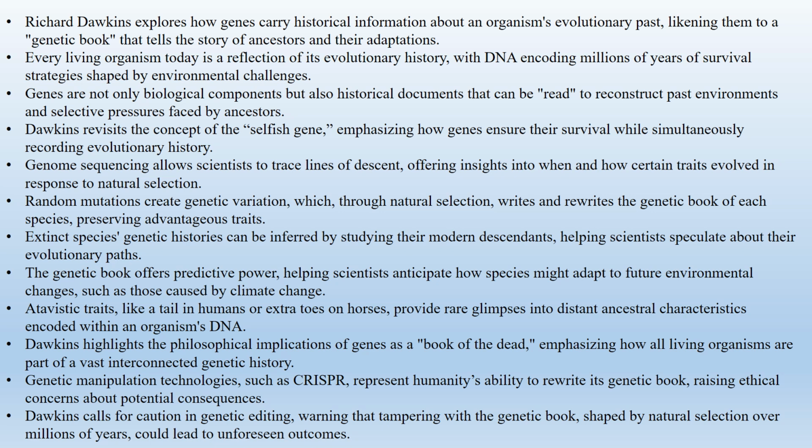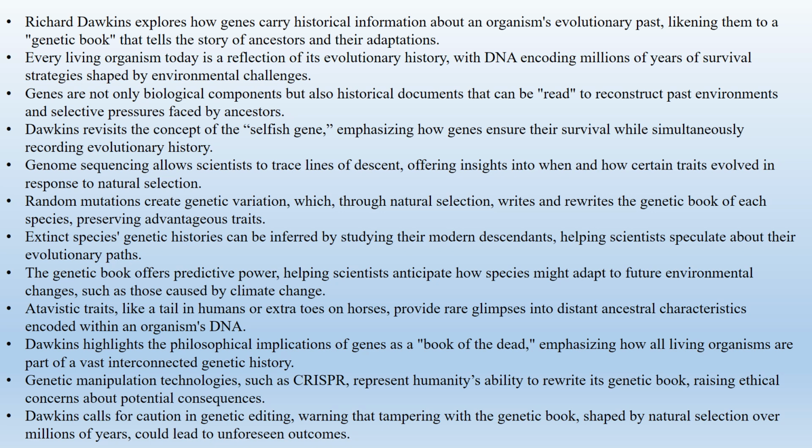This book expands on Dawkins' earlier work on evolution, emphasizing the storytelling power of genetics in explaining the current forms of life on Earth. The central thesis of the book is that every living organism today is a reflection of its evolutionary history, encoded in its DNA.